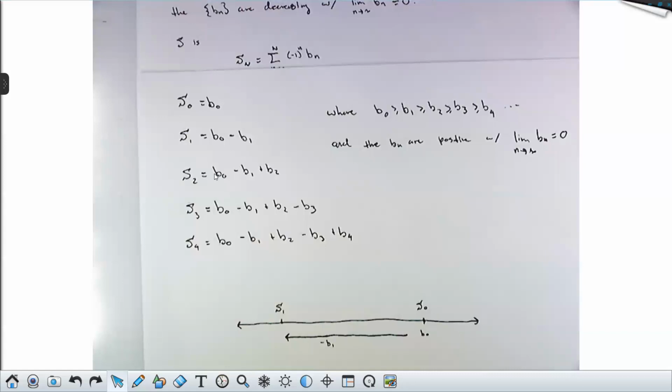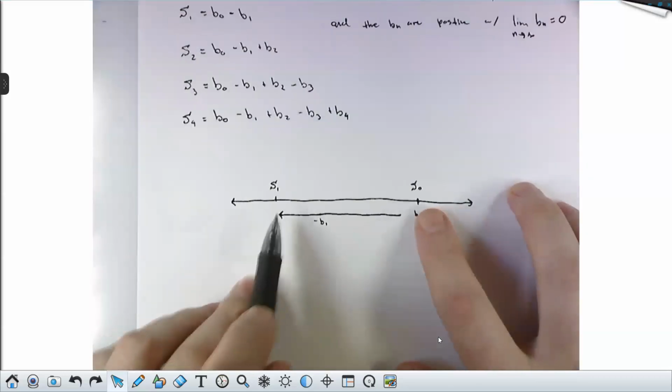Now here's the cool part. As I go from S1 to S2, S2 has the same first two terms as S1, but then we're adding B2. And because the Bn's are getting smaller and smaller, we're going to go to the right because we're adding B2, but we're not going to go past this, right?